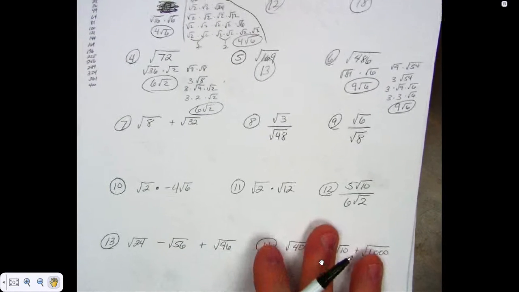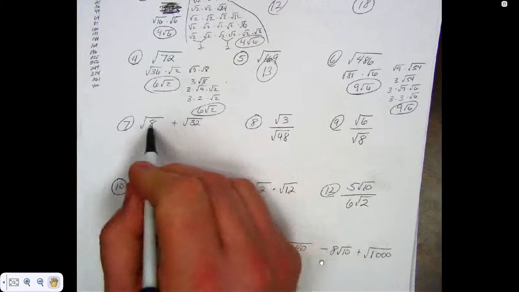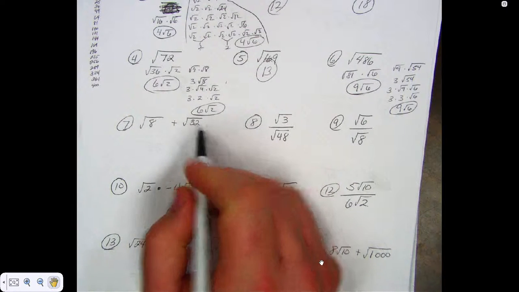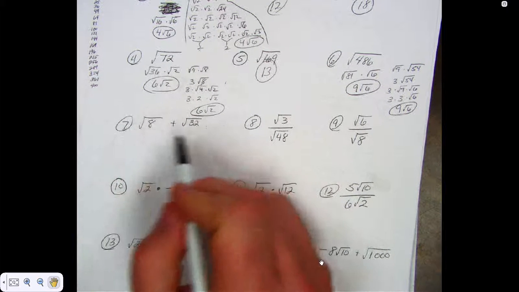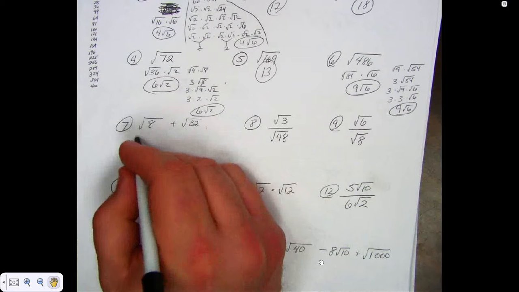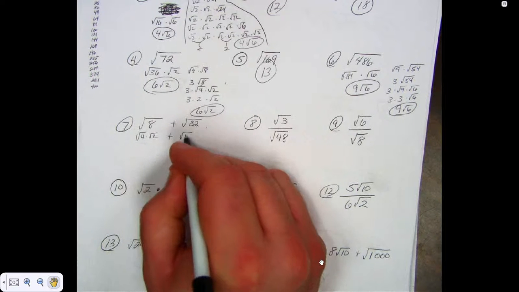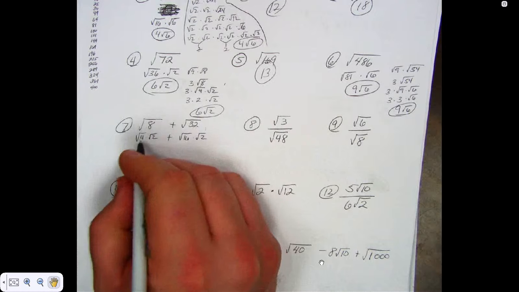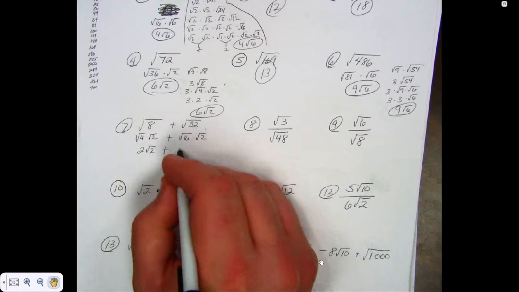Now, these next ones over here: square root of 8 plus square root of 32. These aren't like terms because it's not the same thing underneath the square root sign, so I can't add them right now. But before I can say this is simplified, I have to simplify each square root. How can I break this up? Square root of 4 times square root of 2 plus square root of 16 times square root of 2, because 16 is the largest perfect square that goes into that. Square root of 4 is 2, plus what's the square root of 16?